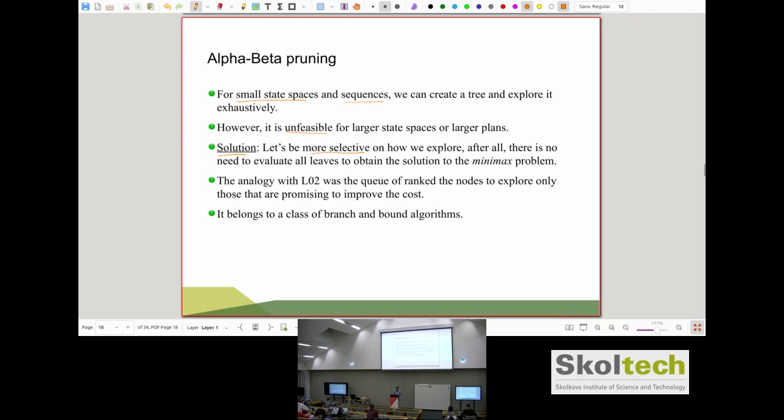What is the analogy? In lecture 2, you remember that one of the key elements for A star to be so effective was to have a queue that was ordering elements not by their current cost, but by their expected cost to get to the goal, right?